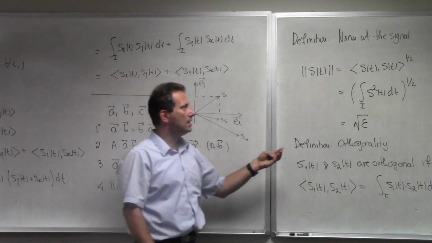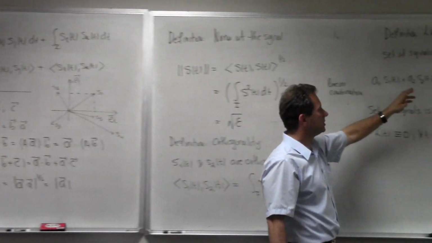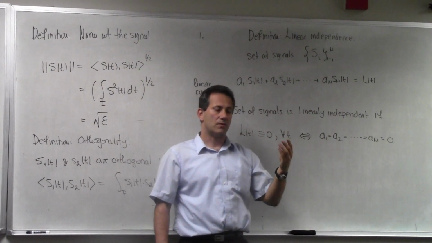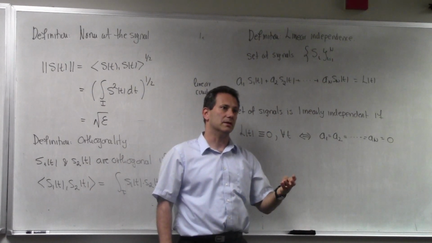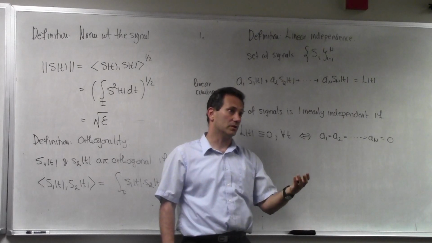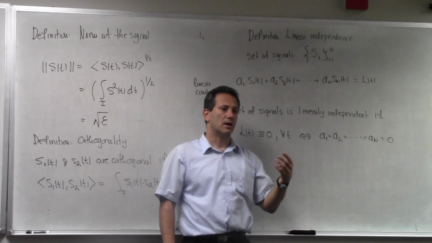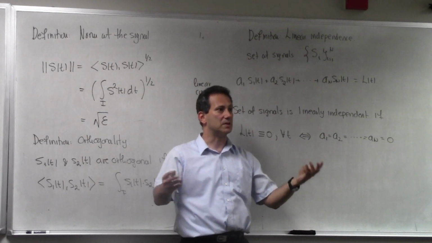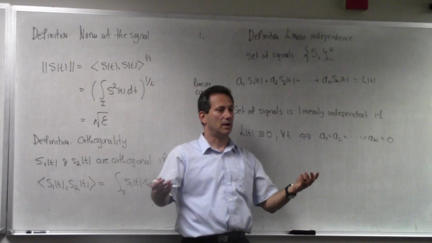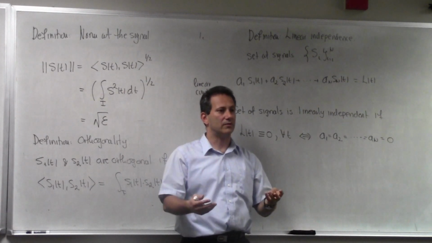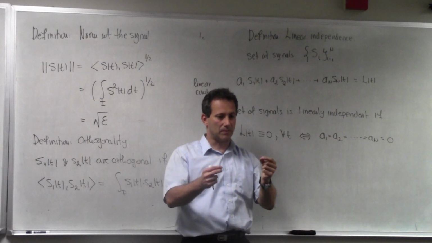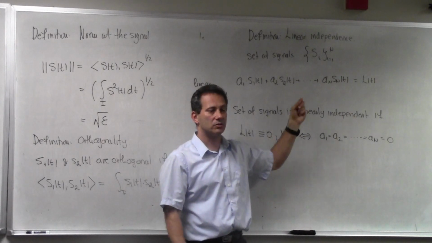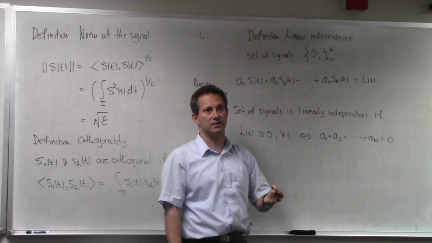Now if I have n signals here, the question that I ask is, first of all, are they linearly independent? And if the answer is they're not, then the question is, how many vectors do I need to represent all of them, right? The number of vectors that I can use to represent these signals will form the basis of this signal set.